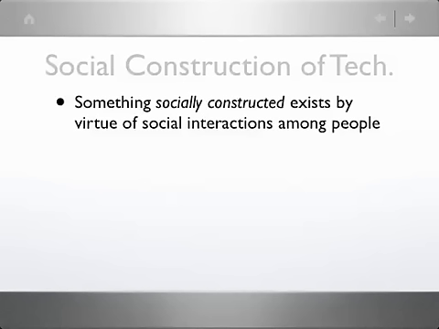One of the key ideas here is that even when we have a physical object, such as a gadget or a technological object, there is still associated or attached to that, or maybe underlying that, an idea of what that object is and what that object does. And that idea of that physical object is what is socially constructed.